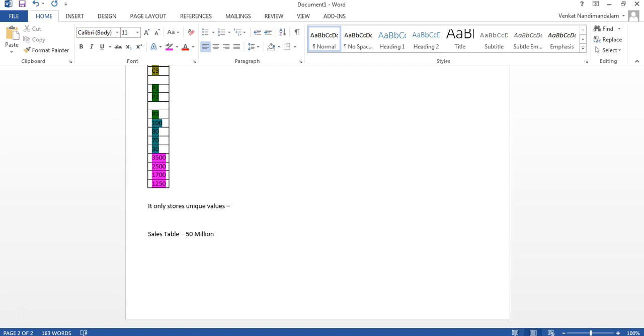Definitely, if you're talking about 10-year sales data, easily you are going to get 50 million records in any organization, which means you are going to have 50 million records in one table. And practically, how many materials or how many unique products will any organization have?